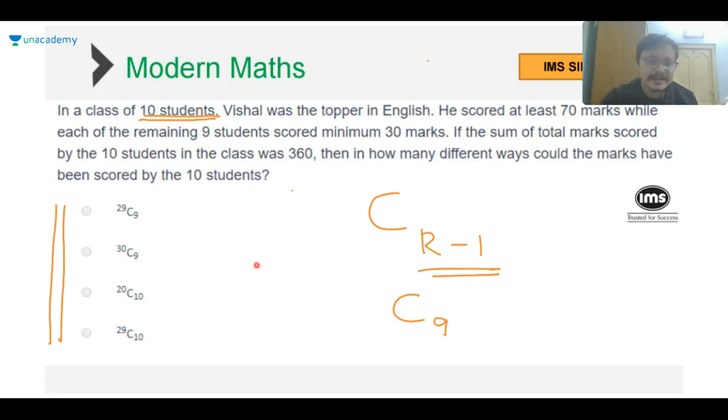The moment you do that, you can eliminate two options, which means you give yourself a 50-50 chance. So at least do this much in modern maths, and this holds for every question. Is it clear why we eliminated C and D?